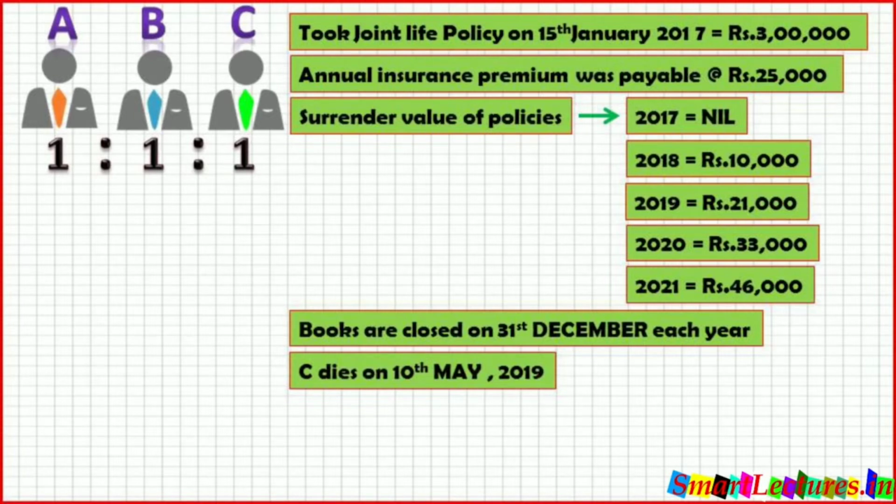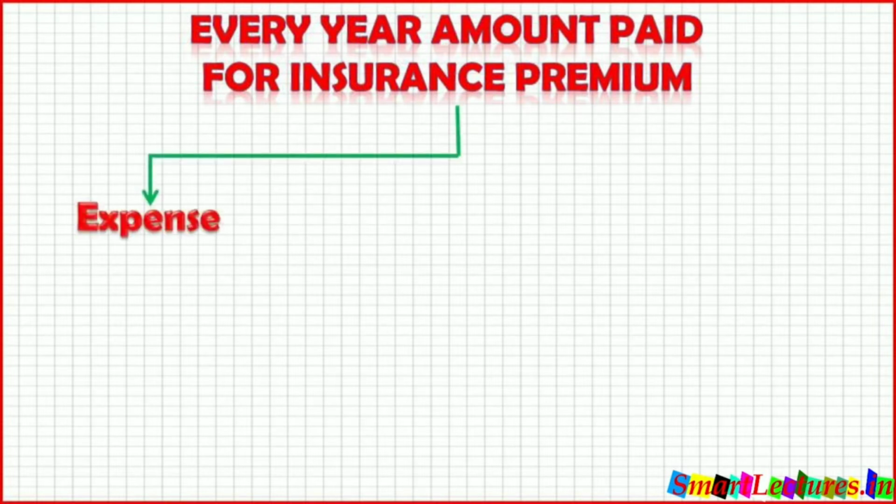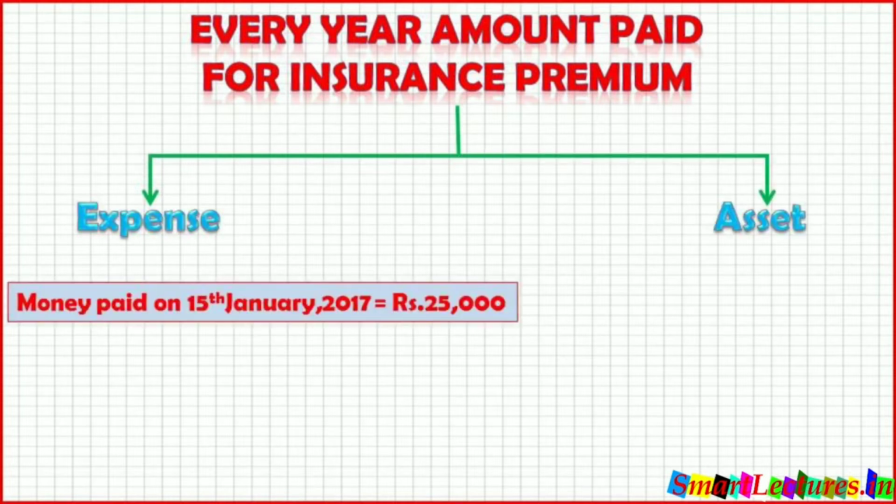So in this situation, every year the amount we pay for insurance premium will be split into two parts. One part will be treated as an expense and the other part will be treated as an asset. Suppose on 15th January 2017, the money was paid, rupees 25,000.